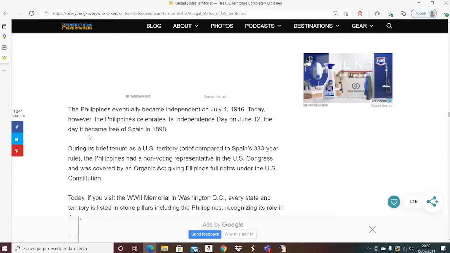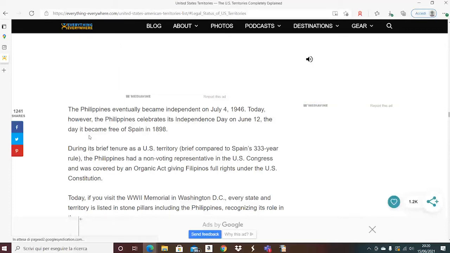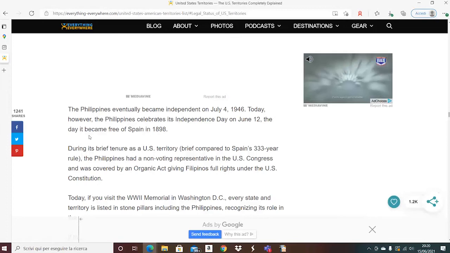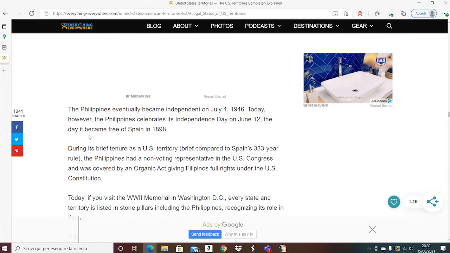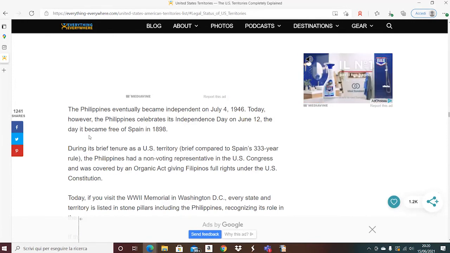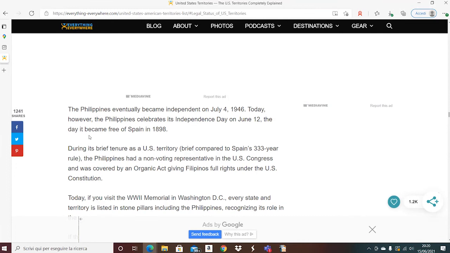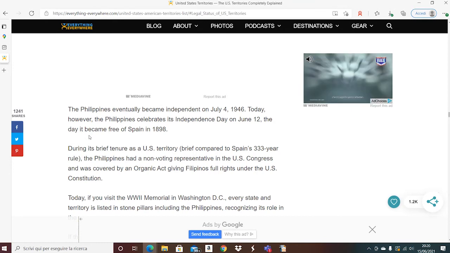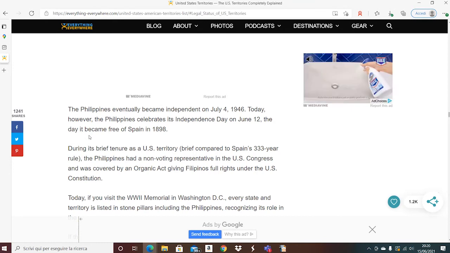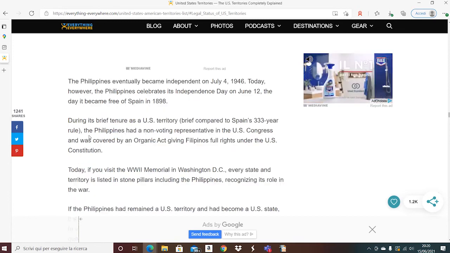During its brief tenure as a US territory, brief compared to Spain's 333-year rule, the Philippines had a non-voting representative in the US Congress and was covered by an organic act giving Filipinos full rights under the US Constitution.